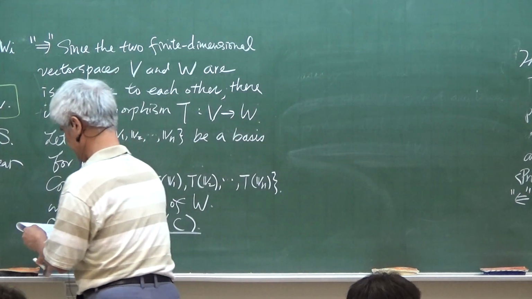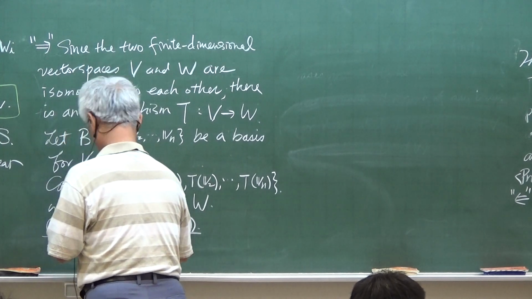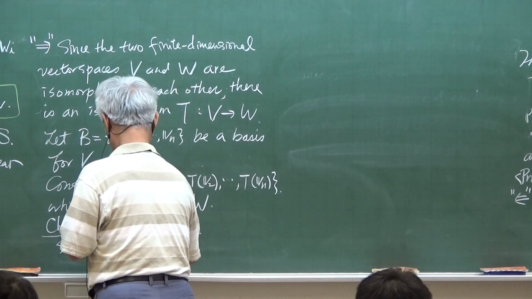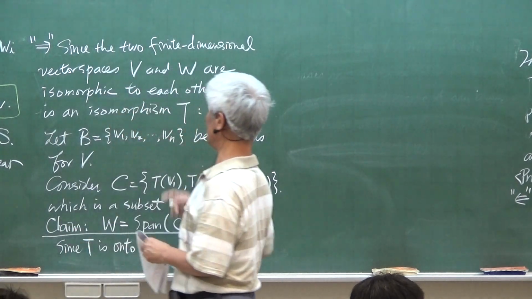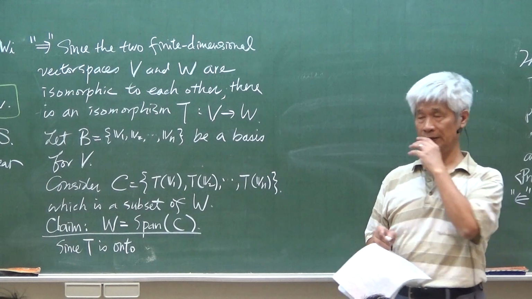Since T is onto because T is an isomorphism, and isomorphism means a bijective linear transformation.